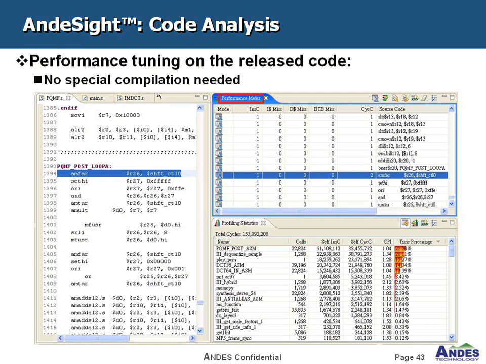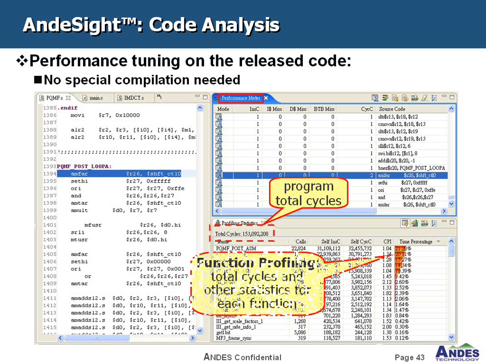Next is code analysis. Users can use the profiling analyzer to find out the bottleneck of the program and optimize the program. First, NDSI can tell the user the total cycles of your program. The others, if you want to know the total cycles of a function, it can also tell you.